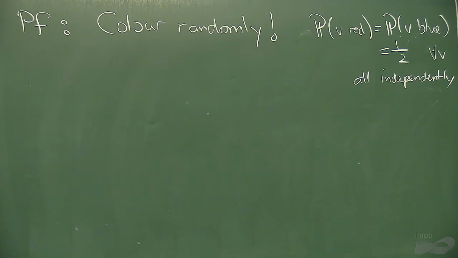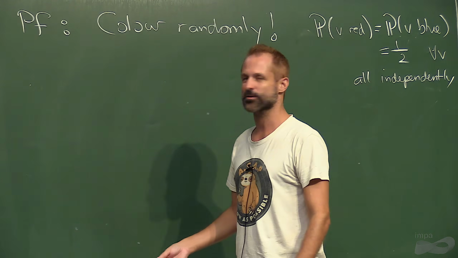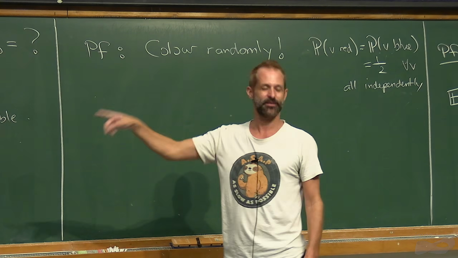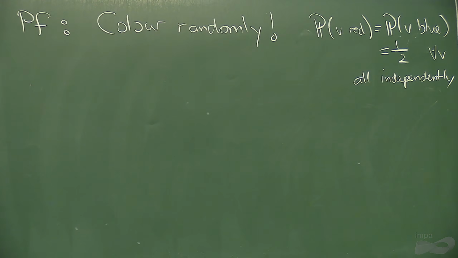Well, our idea was to calculate the expectation of some random variable. So we should define a random variable. What do we care about? We care about whether or not there's a monochromatic edge. So here's the idea. Let's count monochromatic edges. We always want to count something.